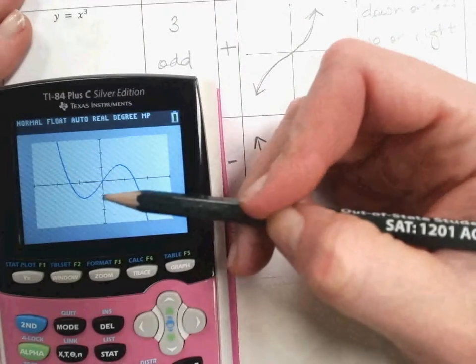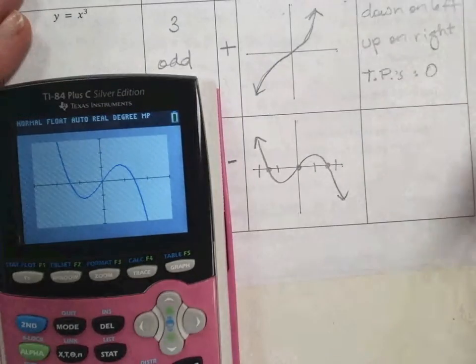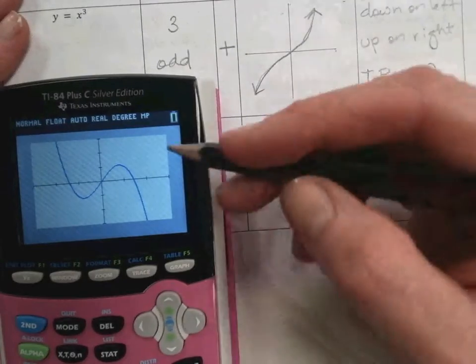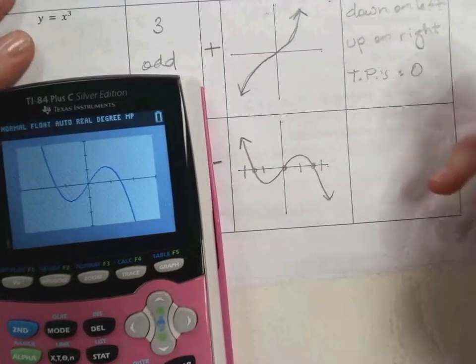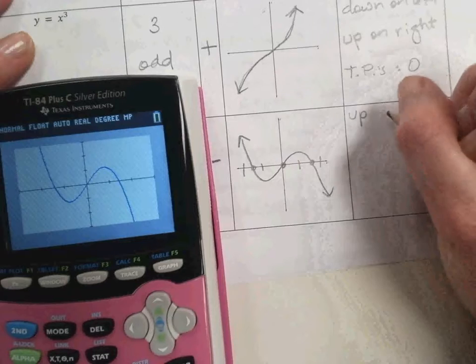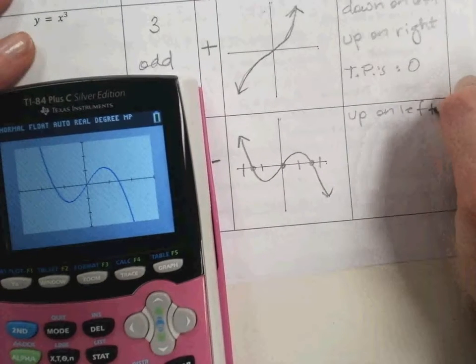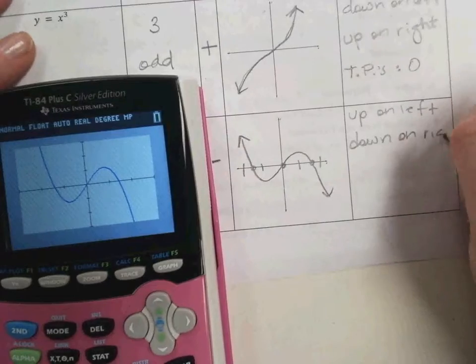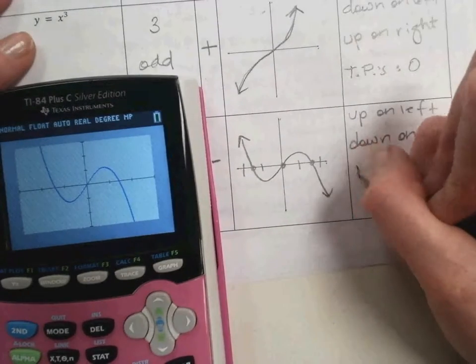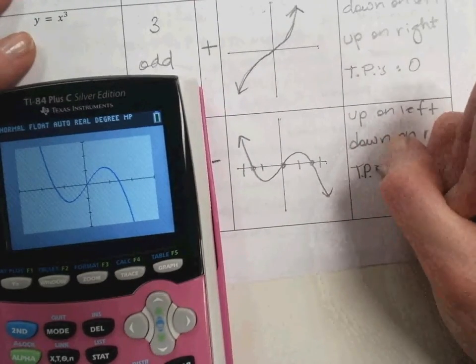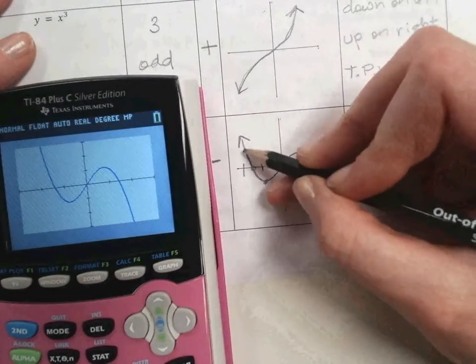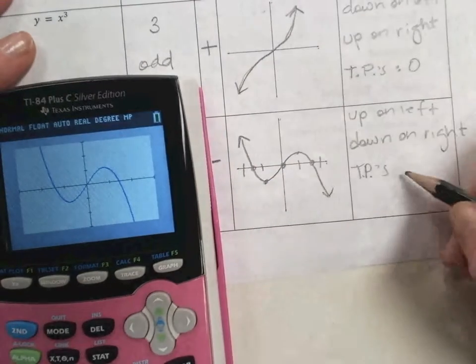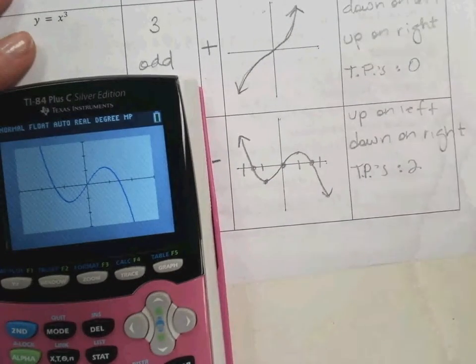Again, I noticed my key points here, my x-intercepts to help me graph, and then I also noted my end behaviors. So it was up on the left, down on the right. With turning points, let's see, here's 1 turning point, 2 turning points.